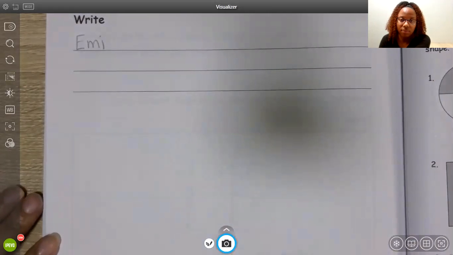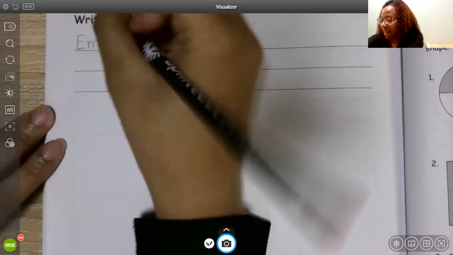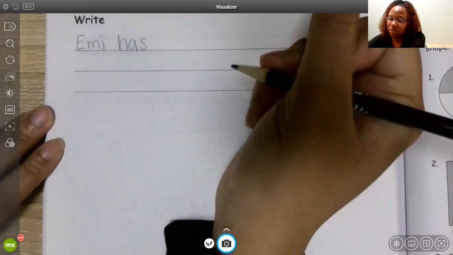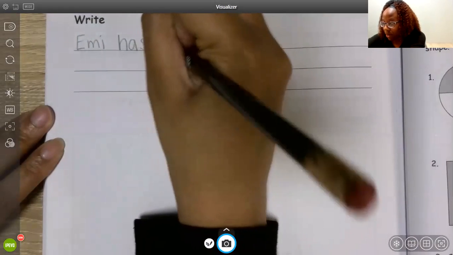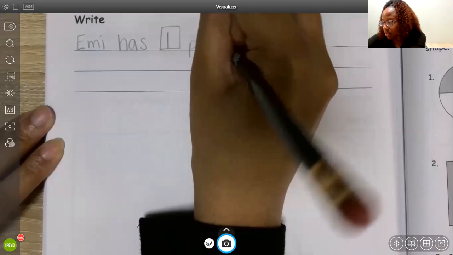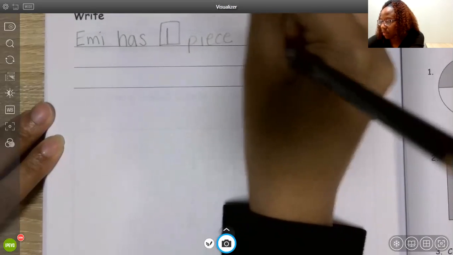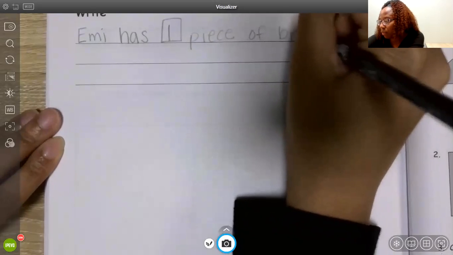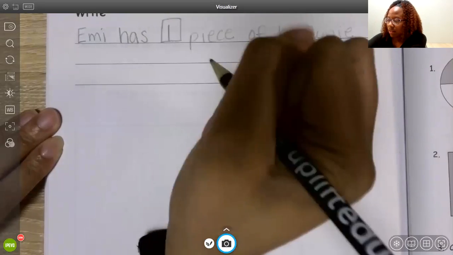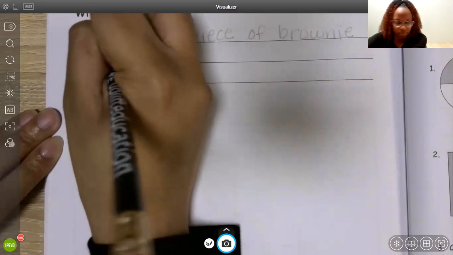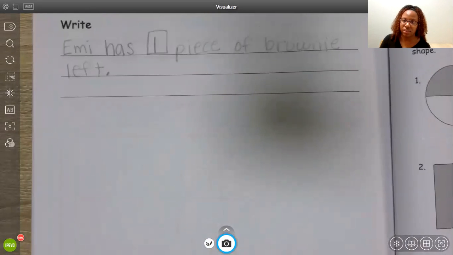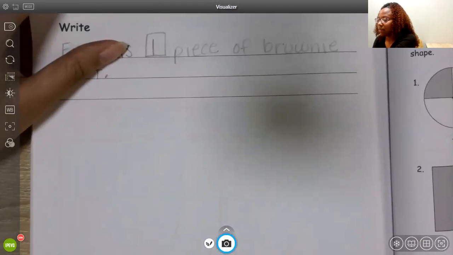So Emmy has how many pieces? 1, box that in, 1 piece of brownie. Don't put your period again. And there we go, we solved that part.